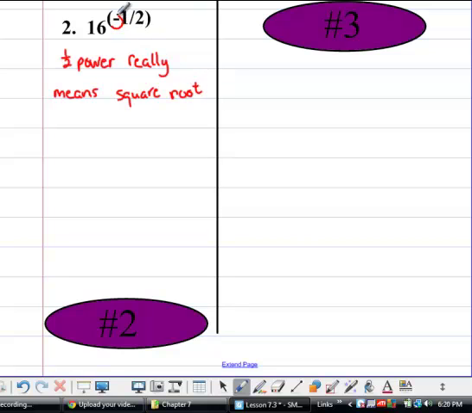Well, there's my negative, and if we remember from yesterday, I want to handle my negative first. So I'm going to take 16 and flip it to 1 over 16. But that still has to get raised to the 1/2 power. And 1/2 power is square root. So the 1 has to get square rooted, and the 16 has to get square rooted. So the answer is 1/4.